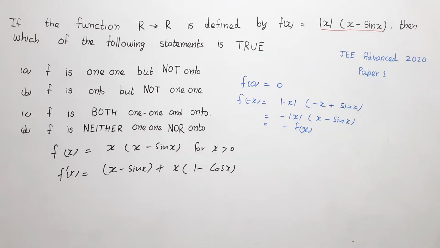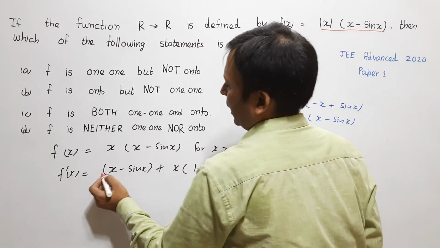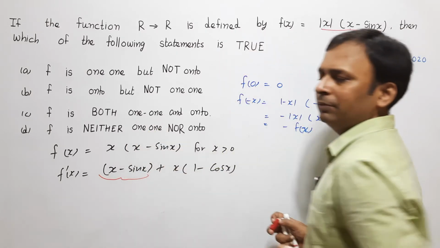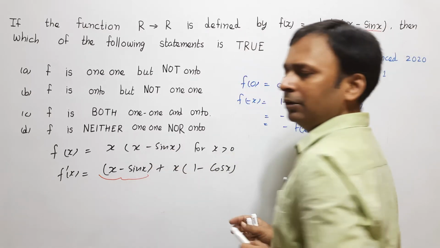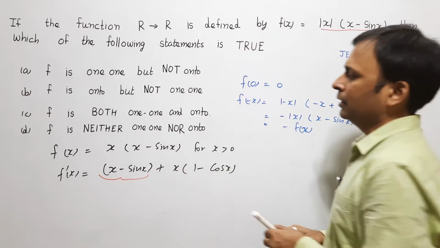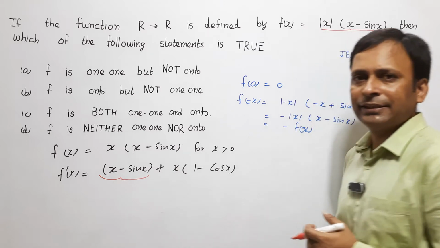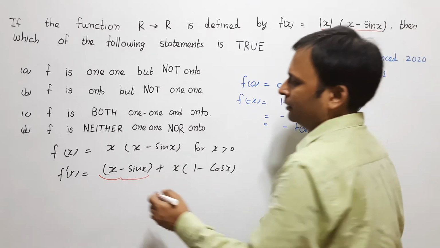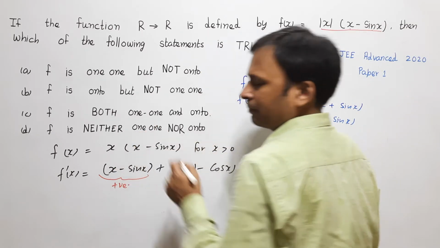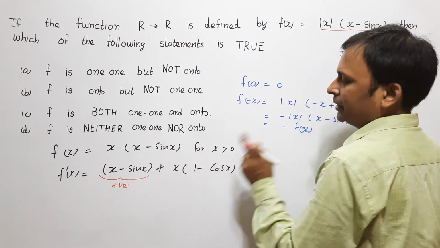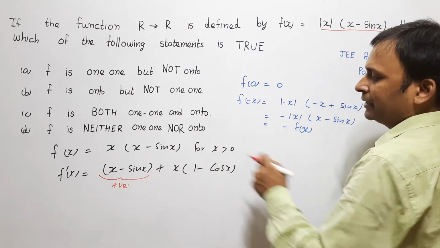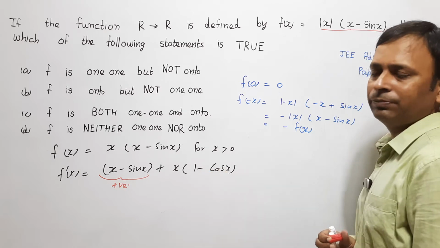Here you can clearly see that when x is positive, x − sin x will always be positive. Why? Because sin x is always less than x for positive values of x. So this value is always positive. Now coming to this part, cos x will always be less than 1, so 1 − cos x is also positive.